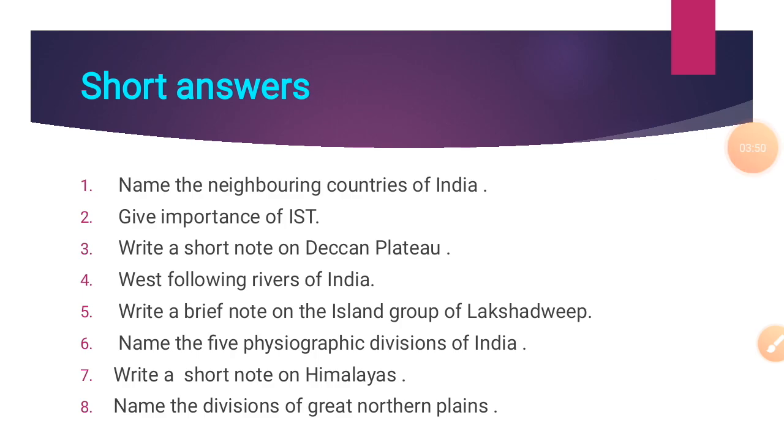The next question is, west flowing rivers of India. The west flowing rivers are Tapti, Narmada, Mahi, Sabarmati. These 4 rivers are the west flowing rivers of India.